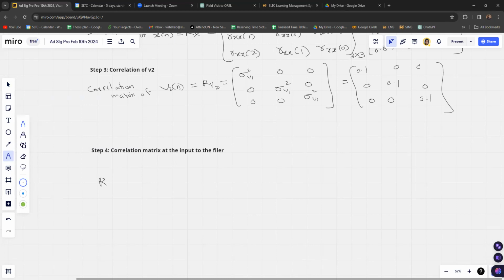The input matrix Ru will be a combination of Rx and Rv2, so it's going to be the addition of these two matrices. You can calculate that and put it in here.